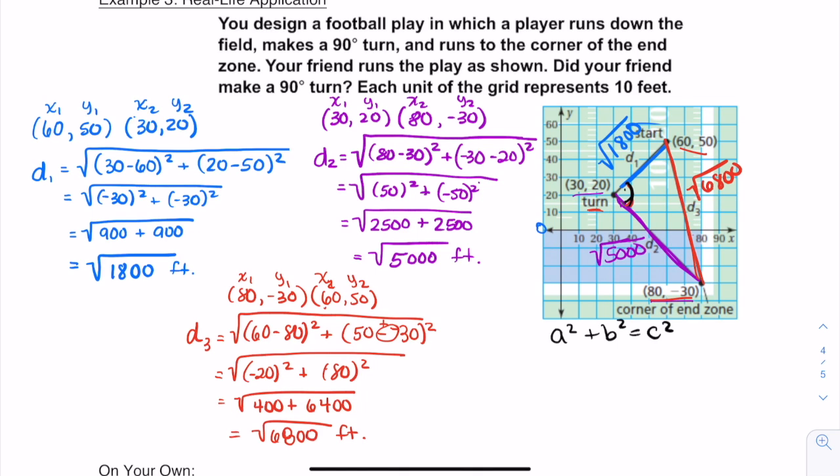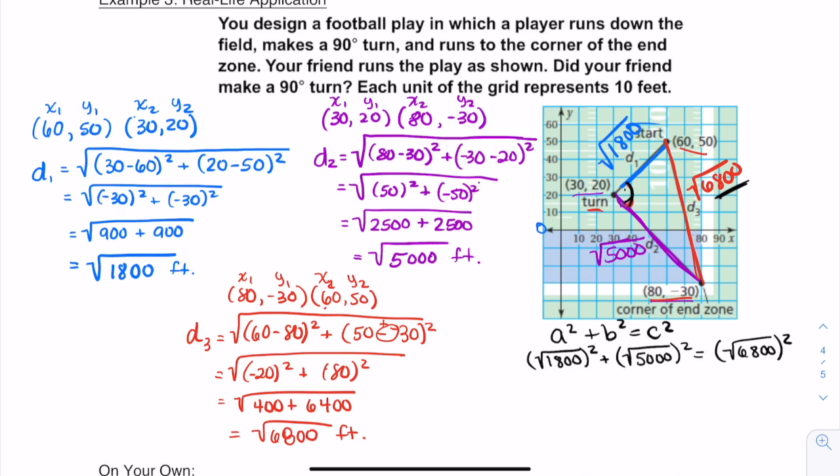Acuérdate, el lado más grande va a ser C, which is this one right here. So I'm going to do square root of 1,800 squared plus the square root of 5,000 squared is going to equal the square root of 6,800 squared.